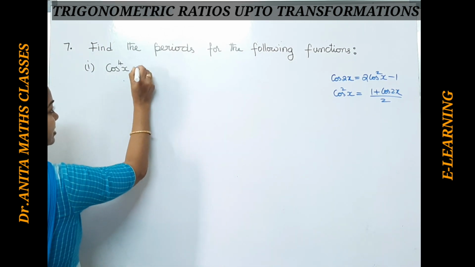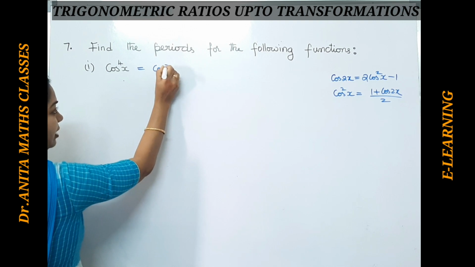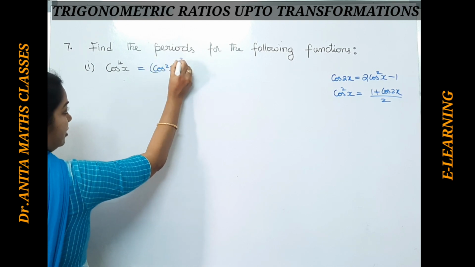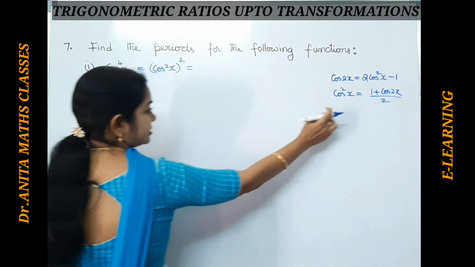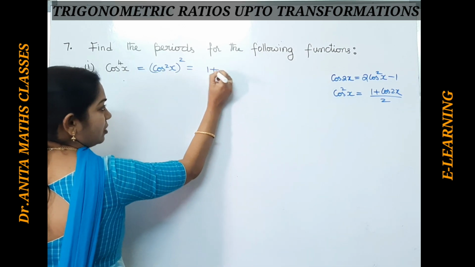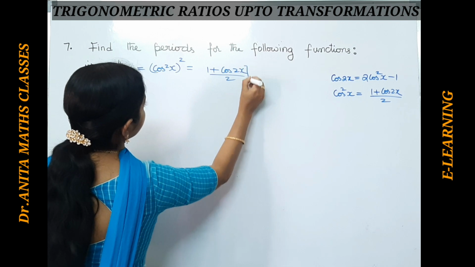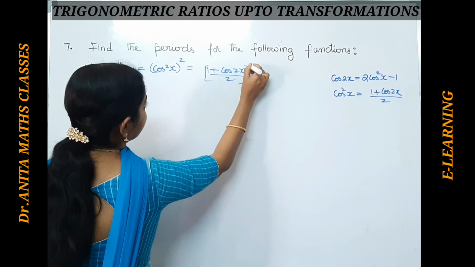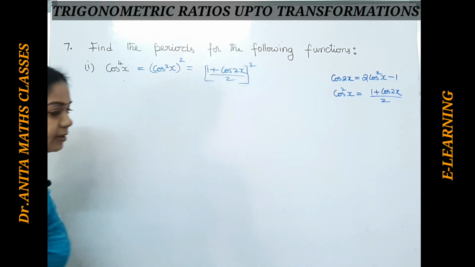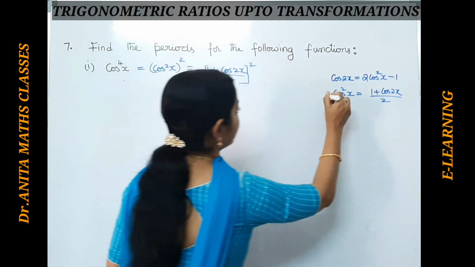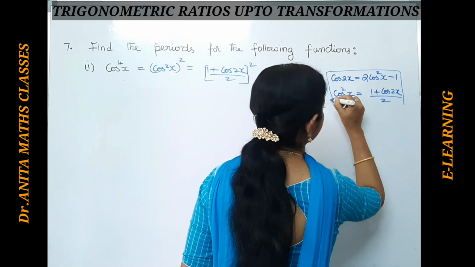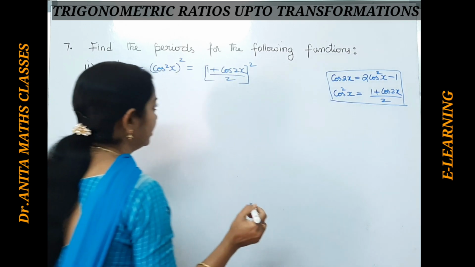I'll write this as cos square x whole square. Now cos square x is nothing but 1 plus cos 2x by 2, whole square. This is the formula part I am writing.